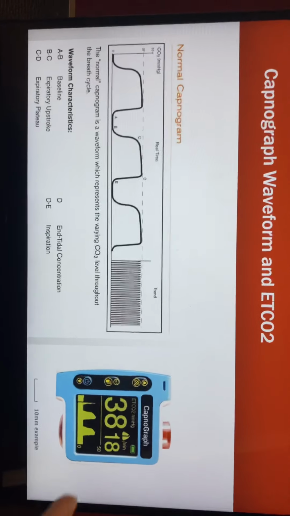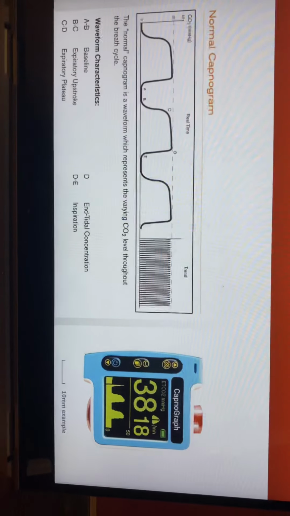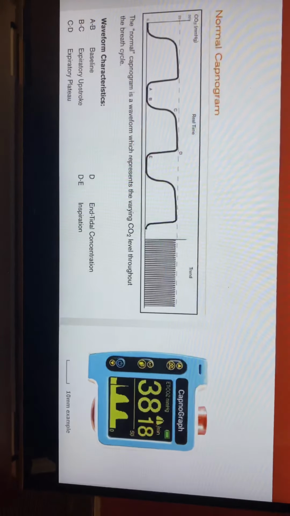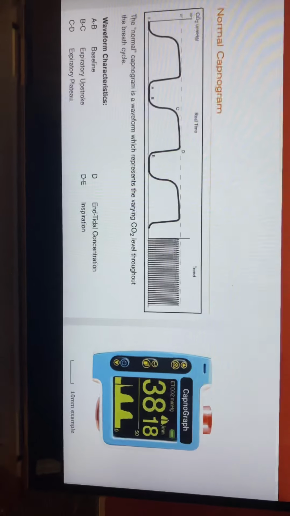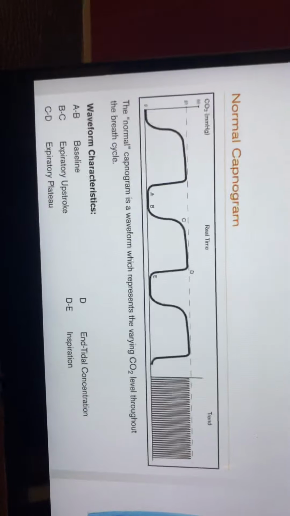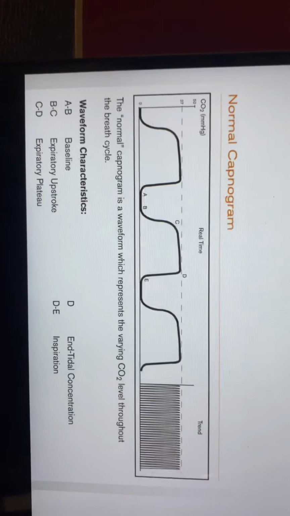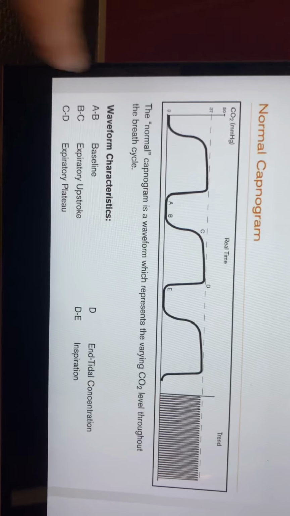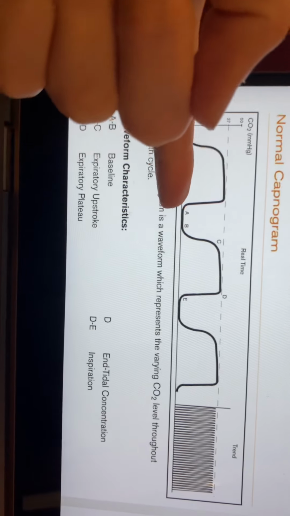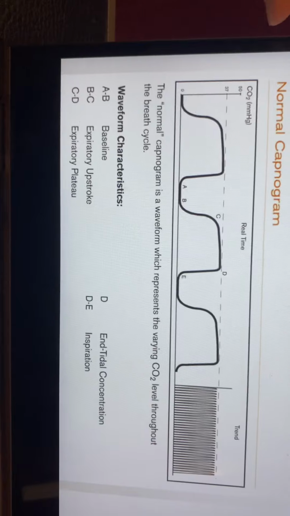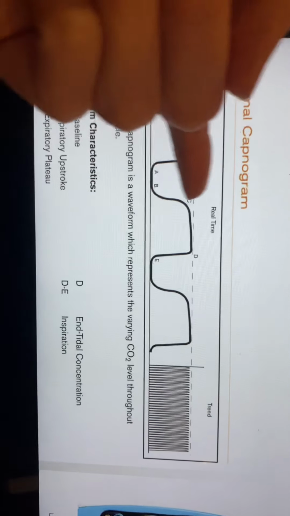Here is what the digital number display would look like: EtCO2 in millimeters of mercury. The reading for this one is 38. And here is an example of a normal capnogram. You have your guide for waveform characteristics. You have your baseline, which will be AB. Then you have your expiratory upstroke, which would be B and C coming up.